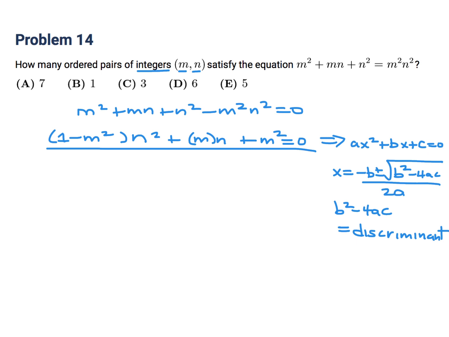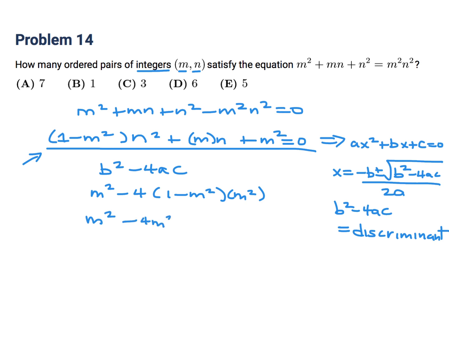Yes. So what is the discriminant, first of all, on this, this b squared minus 4ac? It looks to me like it will be m squared minus 4 times (1 minus m squared) times m squared, I believe. So it's going to be m squared minus 4m squared plus 4m to the power of 4. And that has to be some perfect square.